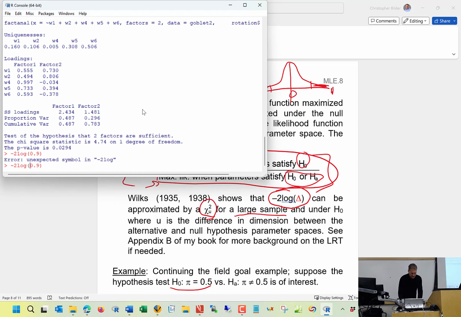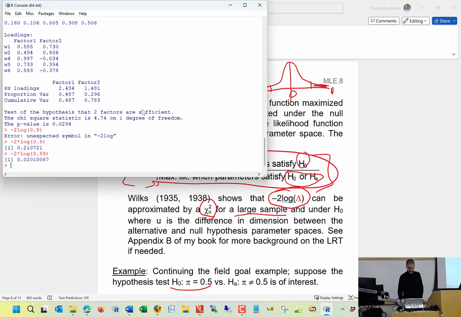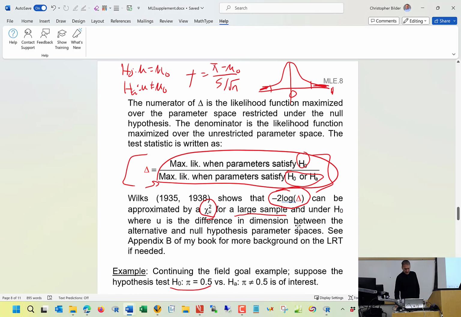You get a value of 0.21. Well, let's say it's 0.99. You get 0.02. And I keep on getting closer and closer to 0. So the closer that -2 log delta is to 0, the more evidence there is that what's happening under H0 is reasonable.